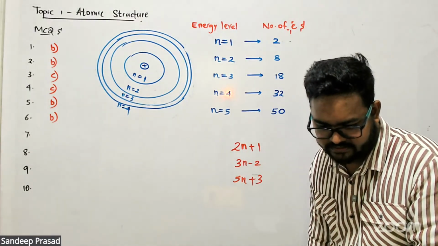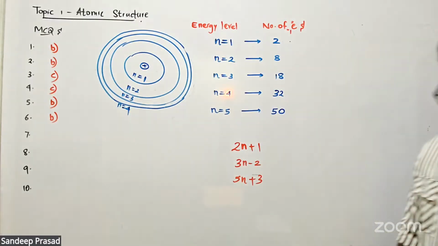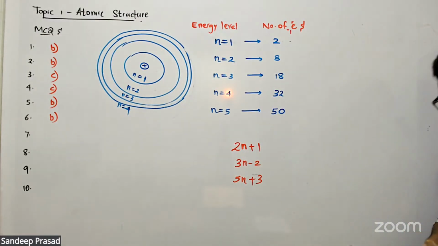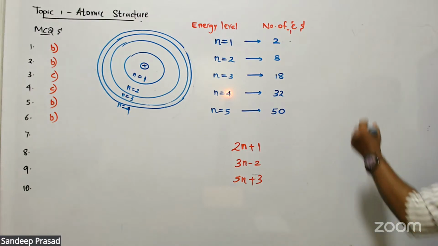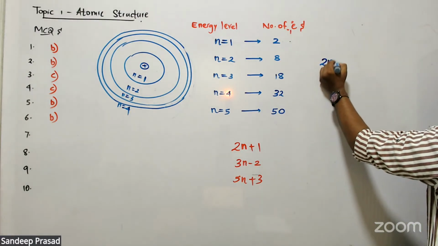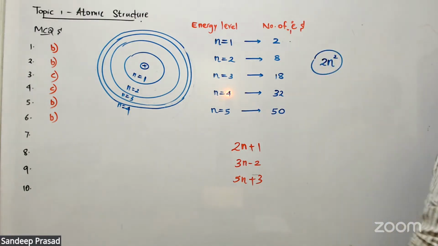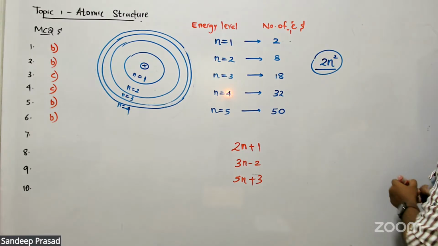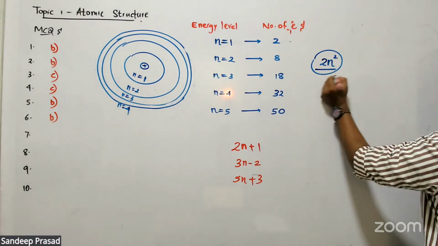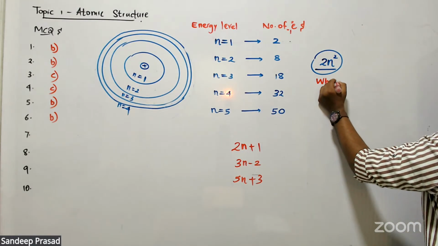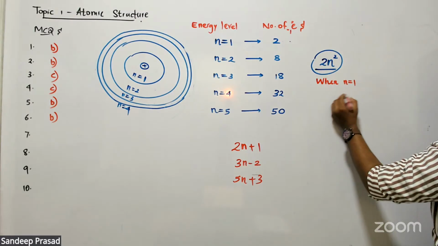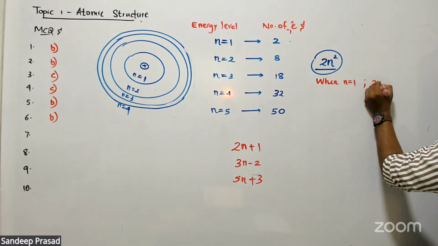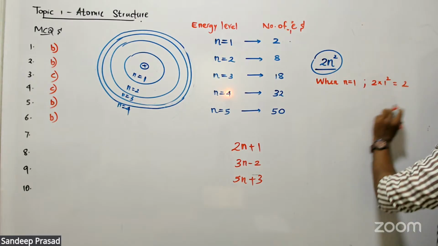Yes, that's correct. 2n squared, right? We know that it is 2n squared. So when you substitute n equal 1, 2 into 1 squared, that is 2.